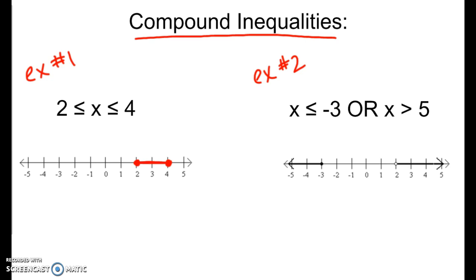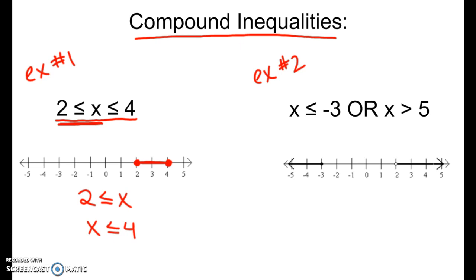It says 2 is less than or equal to x, and x is less than or equal to 4. How I like to graph it is to split it up into 2 separate problems. So I do the first part, 2 is less than or equal to x, and then x is less than or equal to 4.